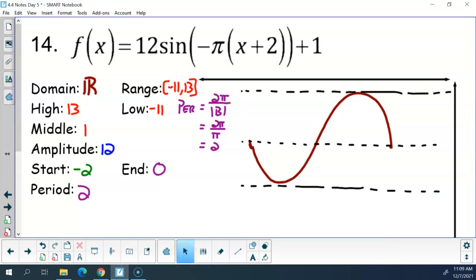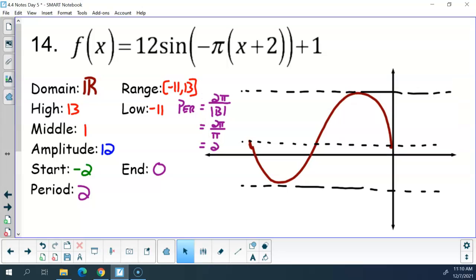So I can move my vertical axes to there. We had a middle of positive 1, which would put us our high at 13, our low at negative 11.